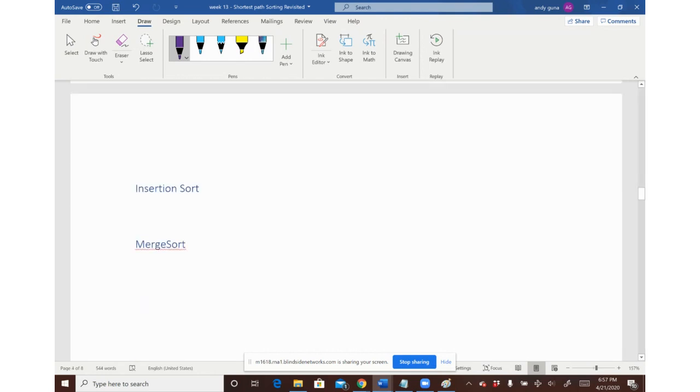Okay, our next topic is going to be sorting, and we'll talk about insertion sort. Let's say we have some array like this. Let's take the array 3, 1, 5, 2, 5, 1, 2.